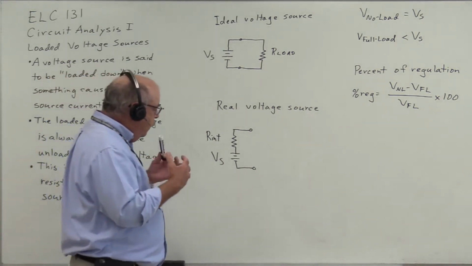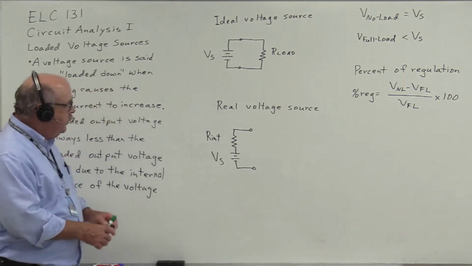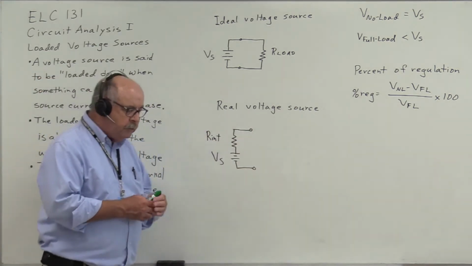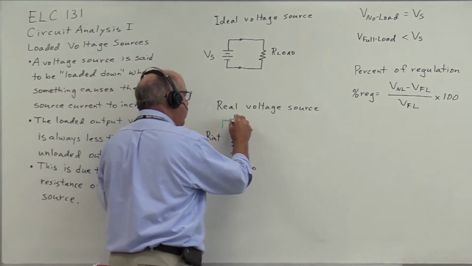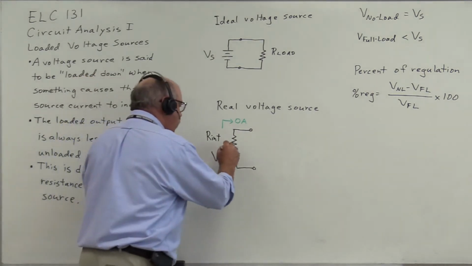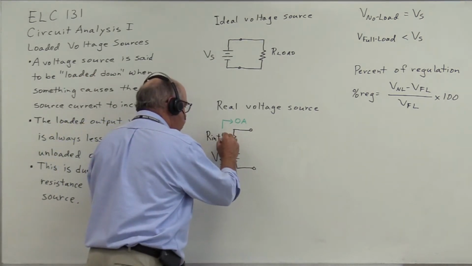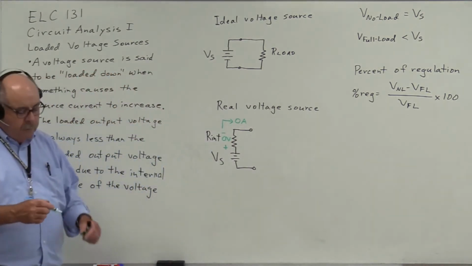And what we see in looking at this circuit is if there is no load connected to this voltage source, then there is no current flowing. And of course, there's no voltage drop across this internal resistance.